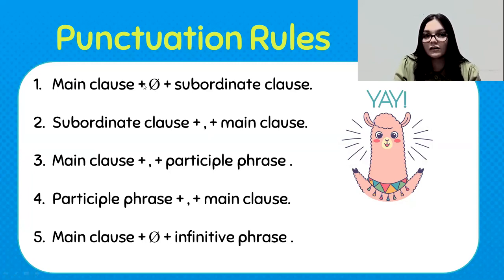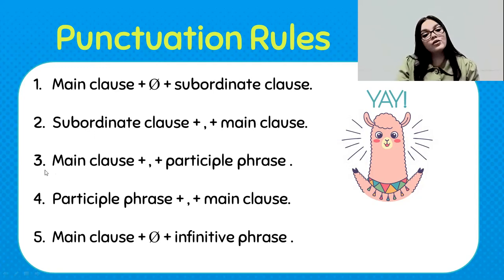That's the absence of. Second one, subordinate clause, comma, and then independent clause. You need a comma because here you have a subordinating conjunction, a subordinate clause, and then you have a main clause or an independent clause. This is to fix the subordinate clause fragments, for example.